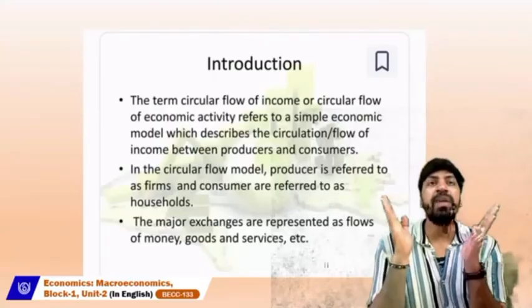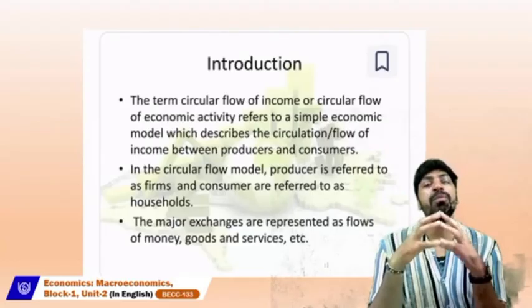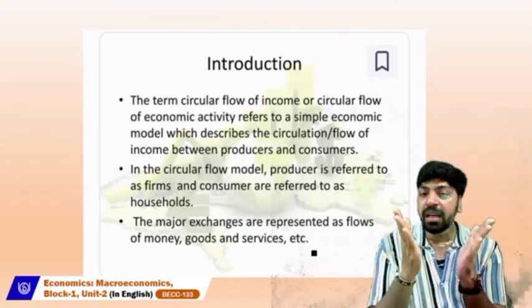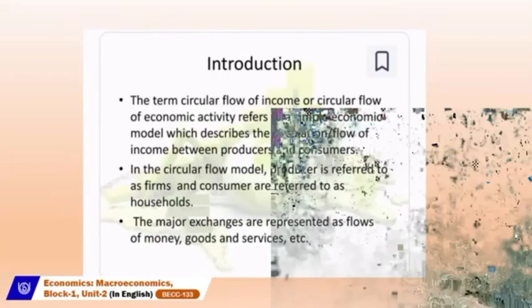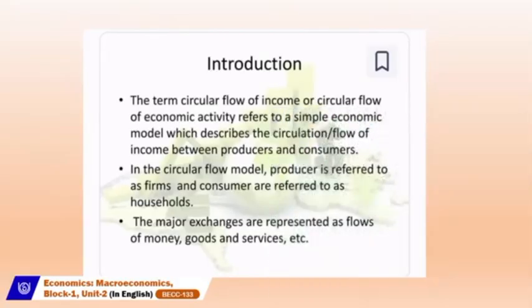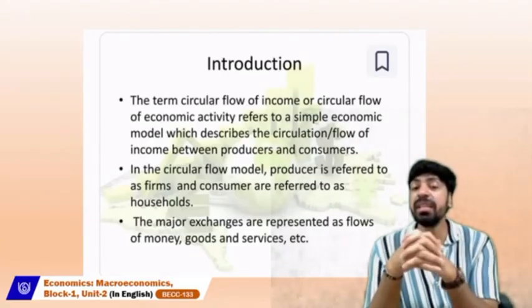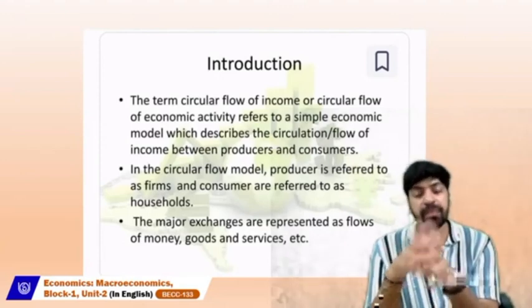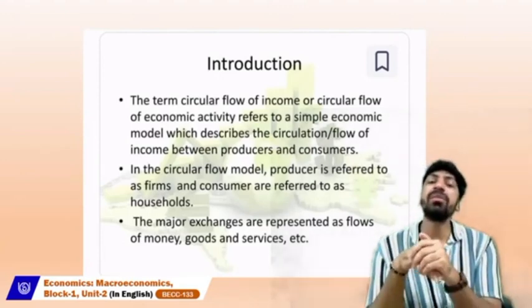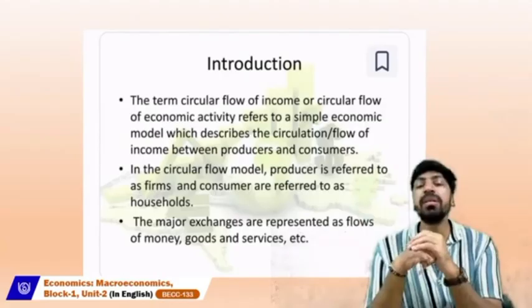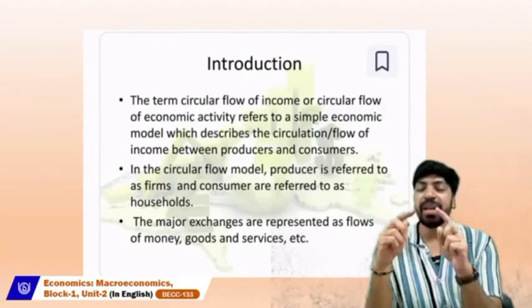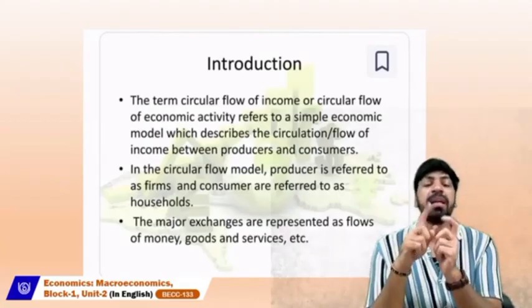It portrays a true picture of the flow of income between the producers and the consumers, and how the income circulates between them. In this circular flow model, producers are called firms and consumers are called households.